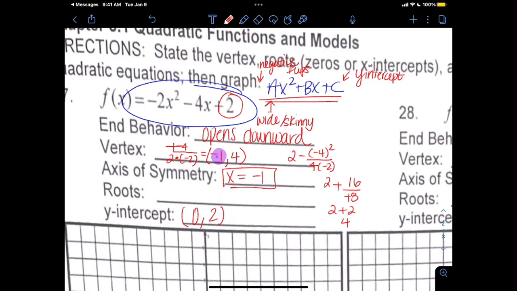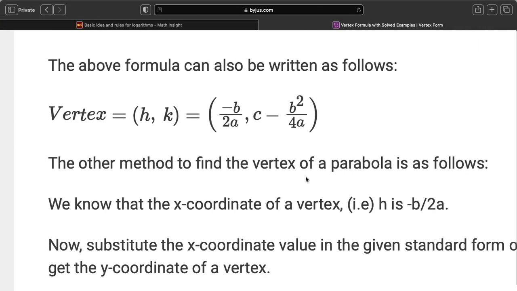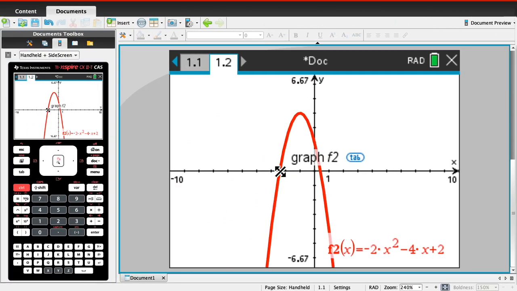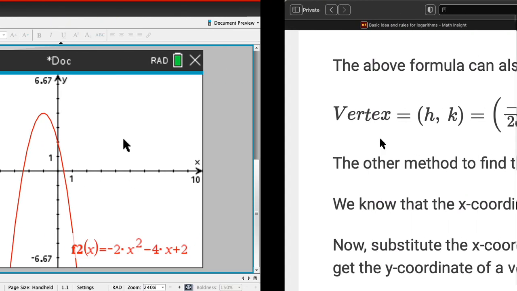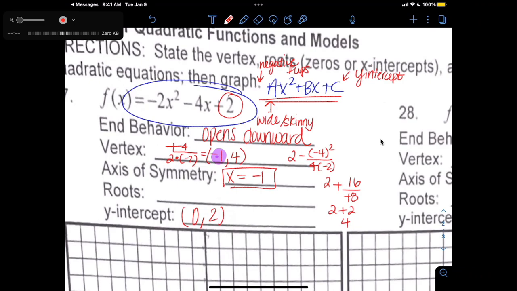That is the equation of the axis of symmetry. My roots are going to be where it touches the x-axis. Here and here. Now, in order to solve for that, we can use the quadratic formula, or we can attempt to factor it. For this particular one, I'm going to go ahead and try and factor it.